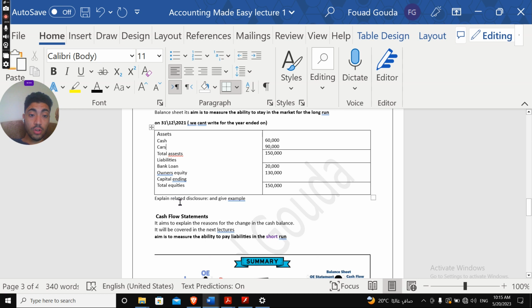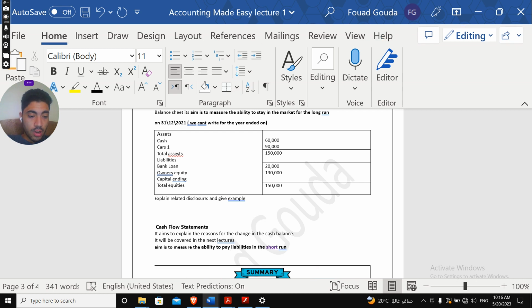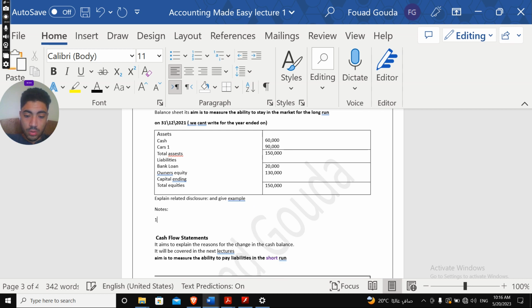Alright, we have something called related disclosure. What is a related disclosure? For example, if this car that I bought for 90,000 pounds, because of some crisis or anything that happened, is now worth just 10,000 pounds, I will write a small 1 beside the car, and here I will write notes 1.